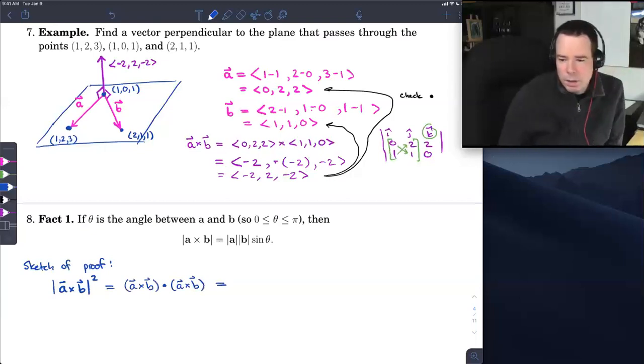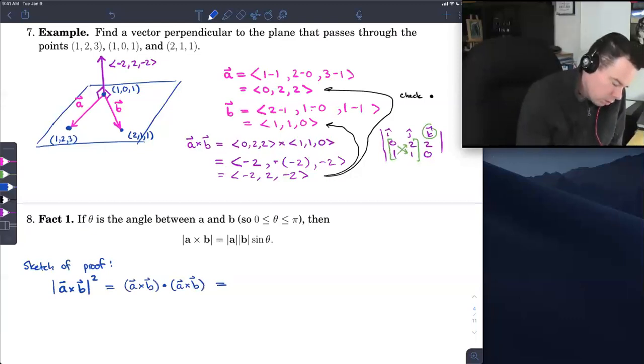And we know what the components of A cross B are. That's given by the definition of the cross product. So this works out to be (A2 B3 minus A3 B2) squared plus, and then the next component.